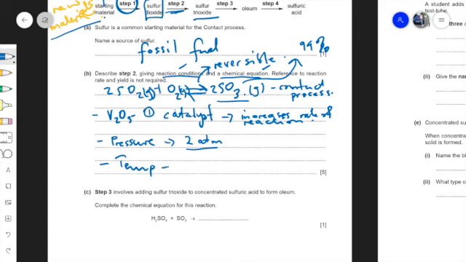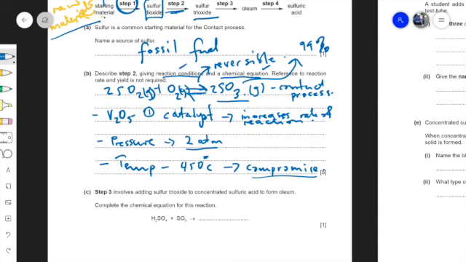And the other thing is that we need a temperature of 450 degrees Celsius. And this temperature, remember, is a compromise. Why is it a compromise? Because if you make the temperature too high, the reaction is going to be fast. But then what is going to happen?